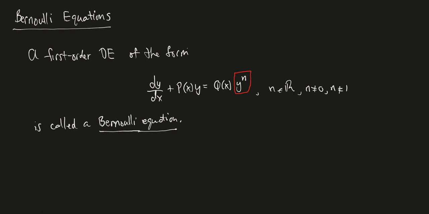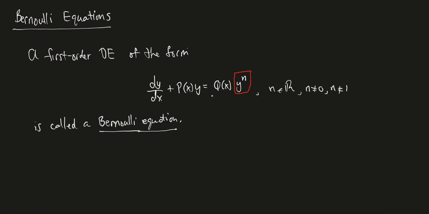Bernoulli equations seem almost like a general case of a linear equation. It turns out that there is a special substitution that will convert a Bernoulli equation into a linear equation.